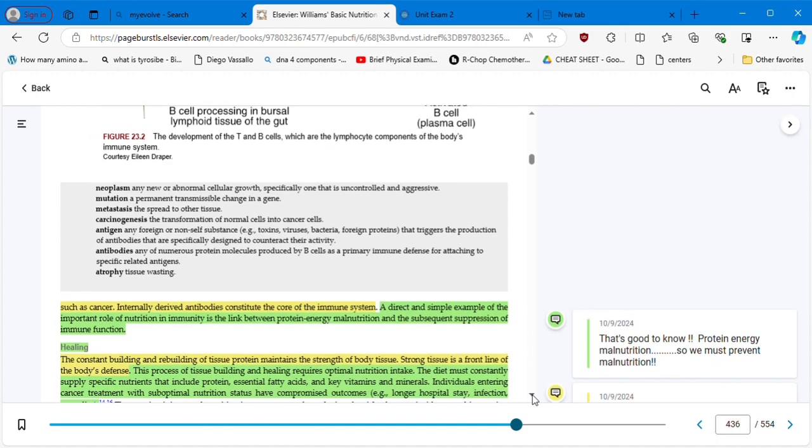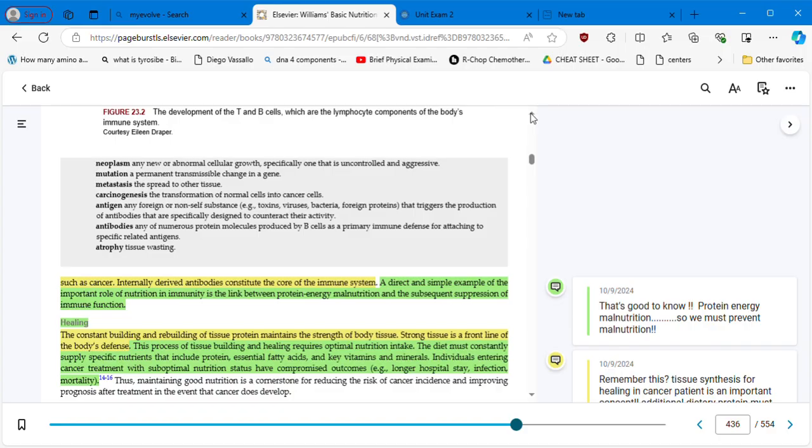Now, we were talking about diseases such as cancer, right? Internally derived antibodies. Bodies start with the B, which is produced by B cells, okay? So T cells are coming from the thymus, B cells are coming from the bursae of the intestine, but the B cells are the ones controlling the antibodies. Antigens are the guests that are coming from external sources.